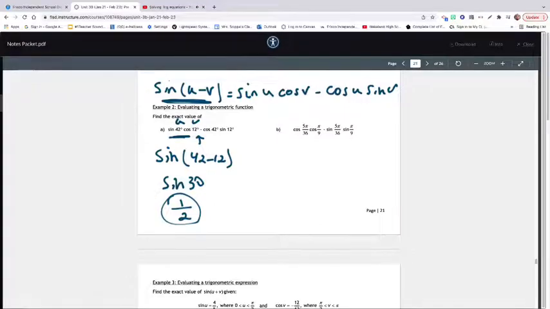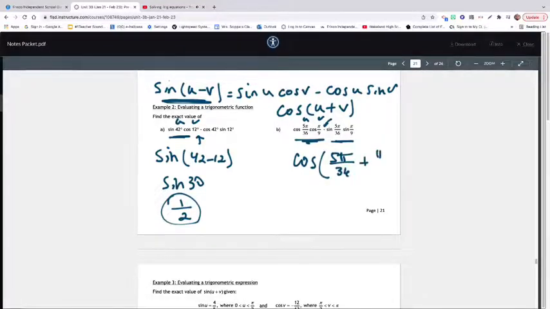On the next one, they have cosines together and sines together. So they use the cosine, and that's a minus. Cosine uses opposite signs. So they use the formula cosine of u plus v, where my u is 5 pi over 36 and my v is pi over 9. So we're going to write it as cosine of 5 pi over 36 plus pi over 9. I need to get a common denominator.